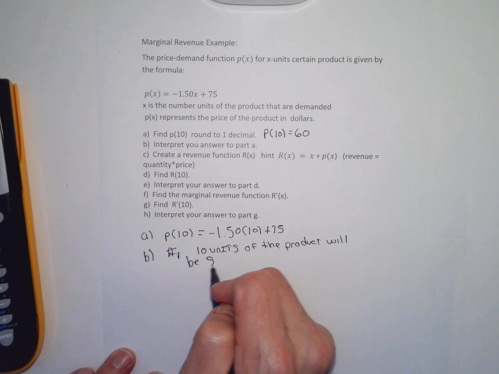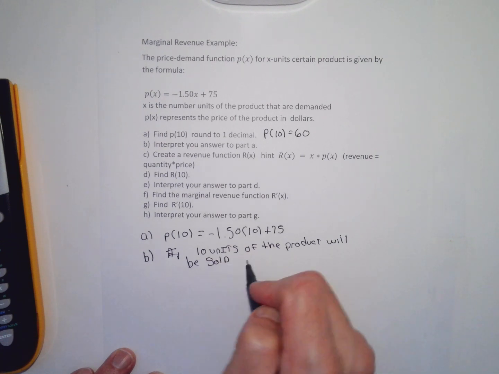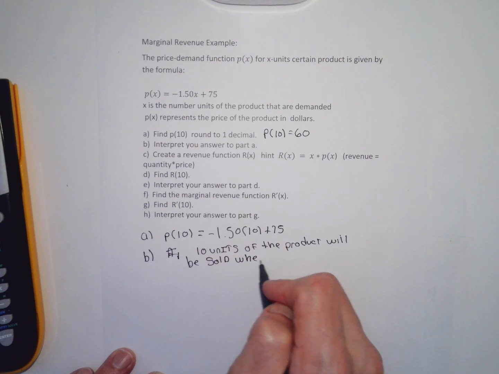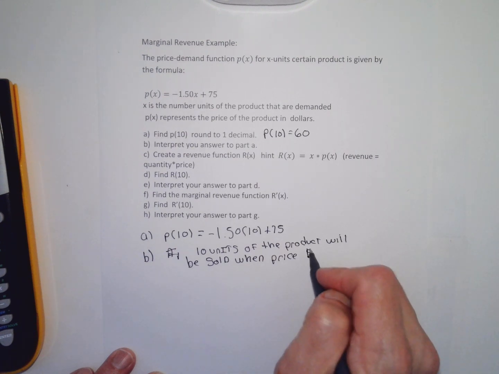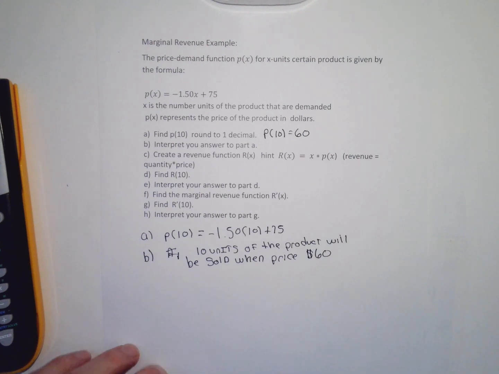And the answer to part A is the price that gives you that, when the price is 60 bucks. So plugging a number into a price demand function, the X is the number of units, the corresponding number that you get out is the price.